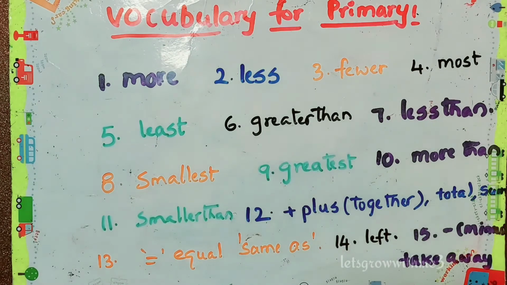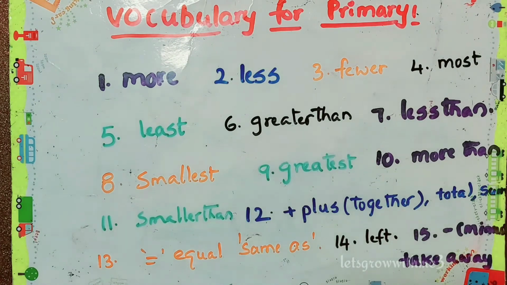For example, if we have an expression like 4 plus 2 equals 6, it means the left hand side value is equal to the right hand side value. That's the meaning of our equal sign.